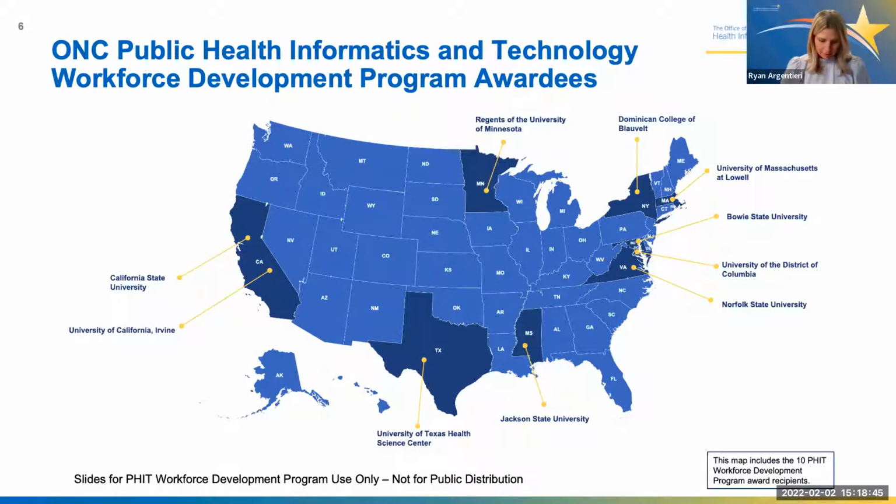And also there needs to be some type of, as part of the consortium, someone with some informatics expertise. So we selected these awardees based on making sure that they needed to have someone who represented a minority serving institution, a historically Black college and university, Hispanic serving institutions, and Asian American and Native American Pacific Islander serving institutions.